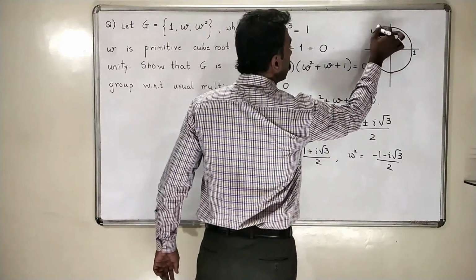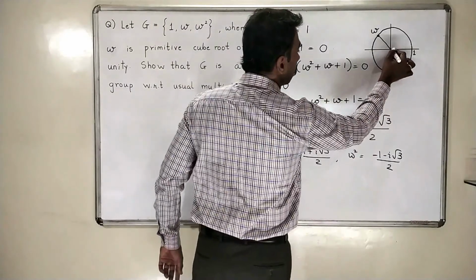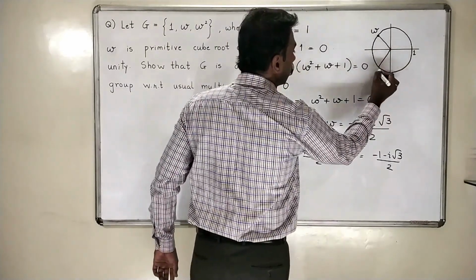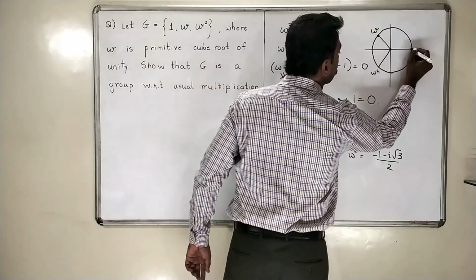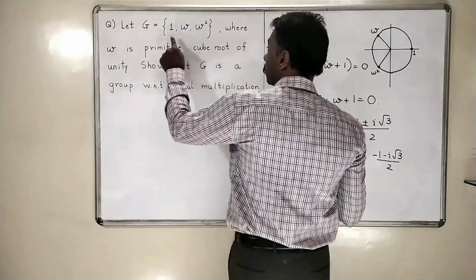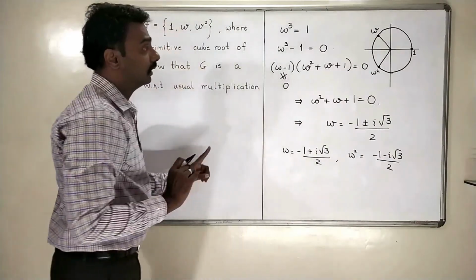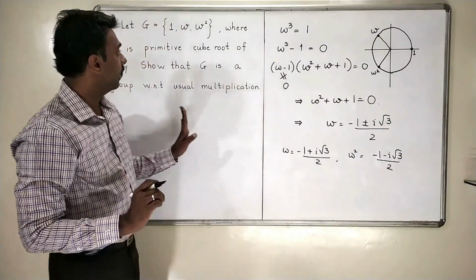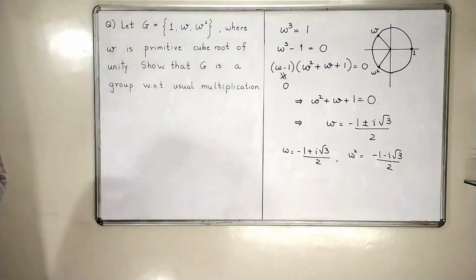So this is omega, and this is omega square, which is (minus 1 minus i root 3) divided by 2. So these are the three numbers, 1, omega and omega square. They are elements of G. Now we will take these elements and prepare a table of complex multiplication.